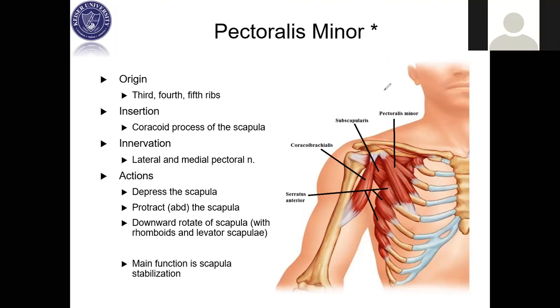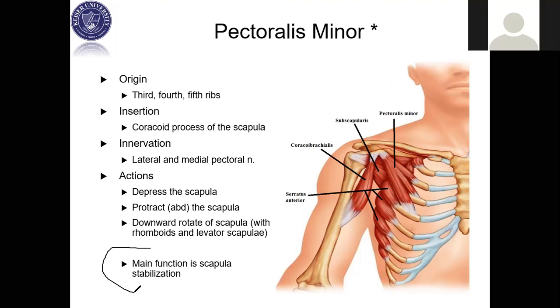It has the same innervation as pec major. So pec major and pec minor both have the medial lateral pectoral nerve. So both pecs have the same innervation. Now, the main function of the pec minor is to stabilize the scapula.